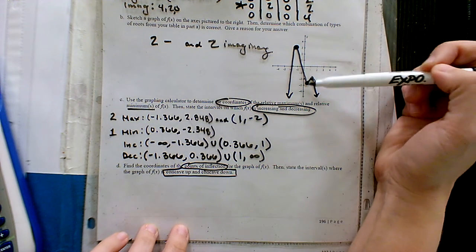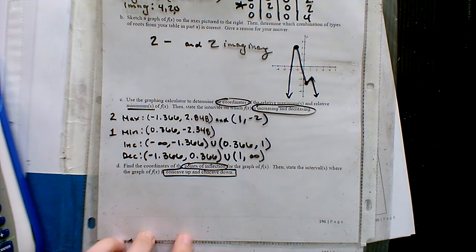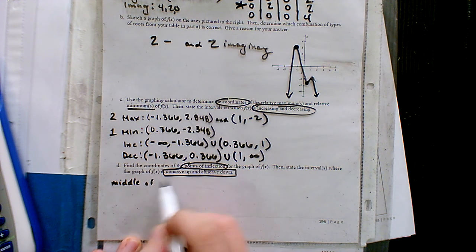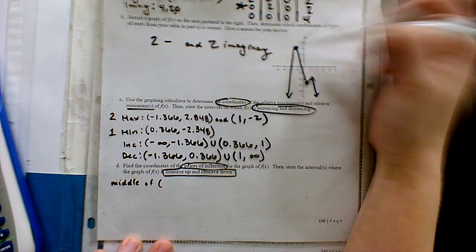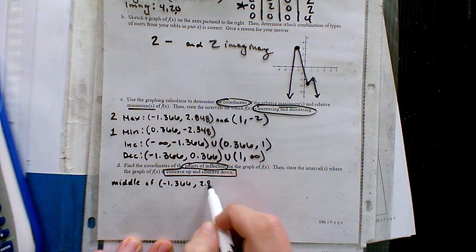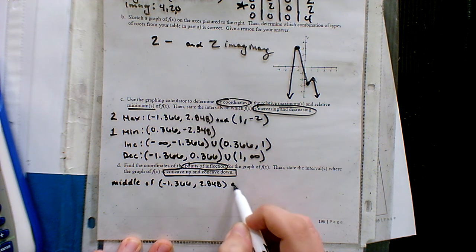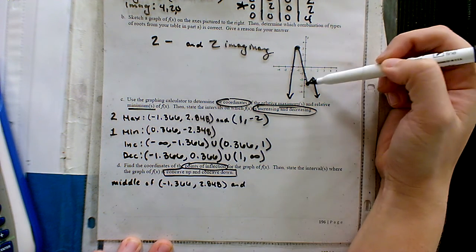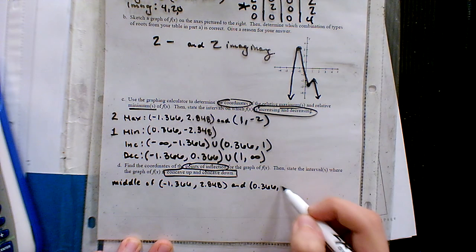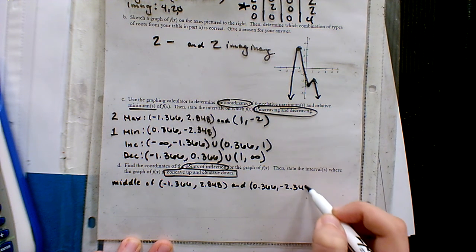So we're going to take these coordinates that we let our calculator find, and we are going to find the middle of them. So we need the middle of our first max, negative 1.366, comma 2.848, and the next min, which was 0.366, comma negative 2.348.